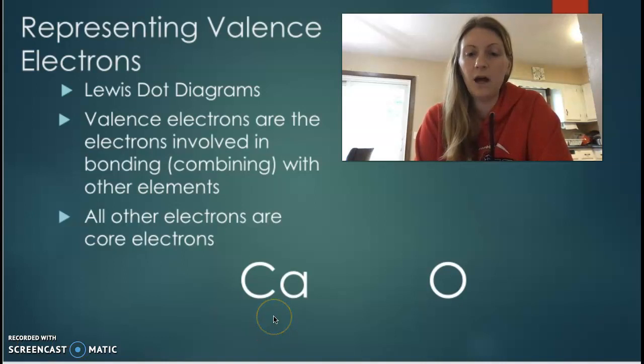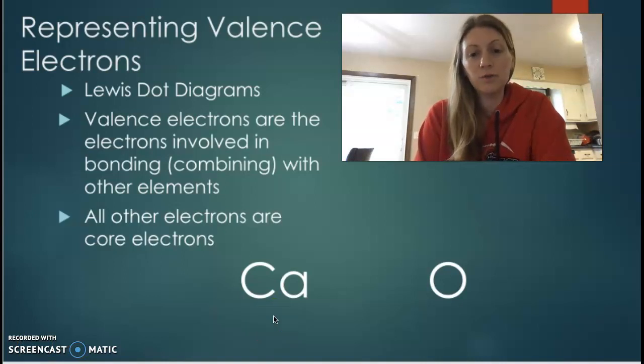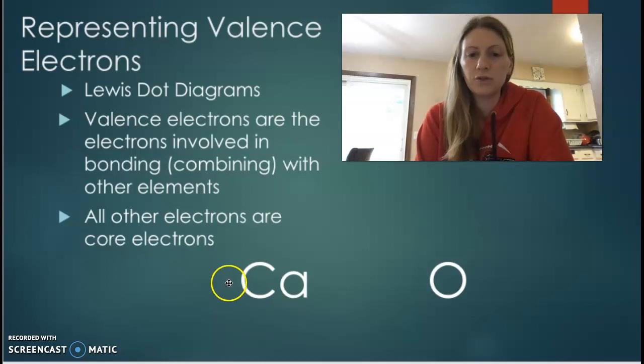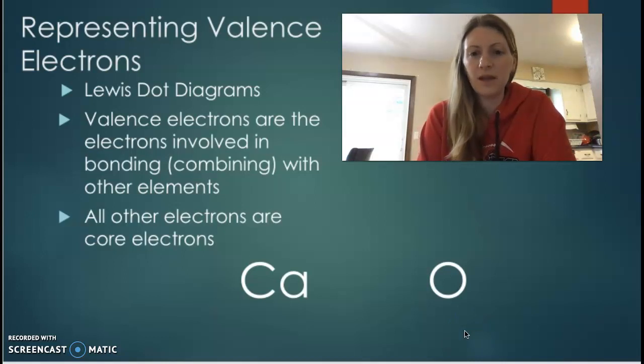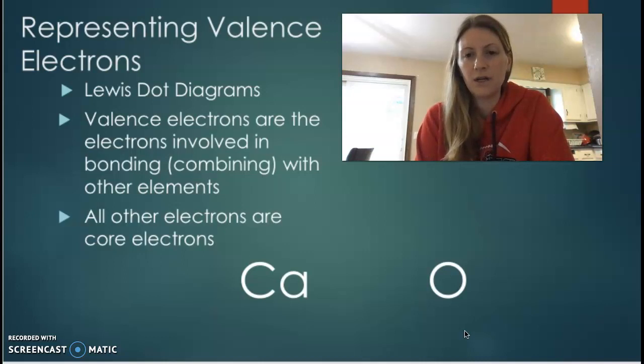For our example of calcium here, you'll know it's in group 2 because you look for Ca on your periodic table, and you would just draw 2 dots on the outside of calcium. What I want you to do is try oxygen on your own. Look at that group number again and then just post a comment in our Google Classroom with how many valence electrons oxygen has.